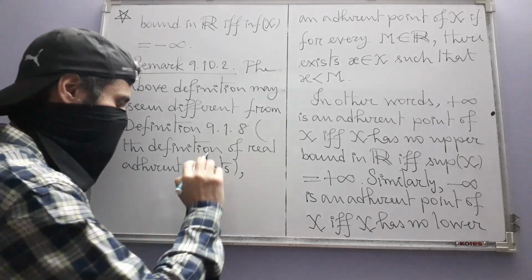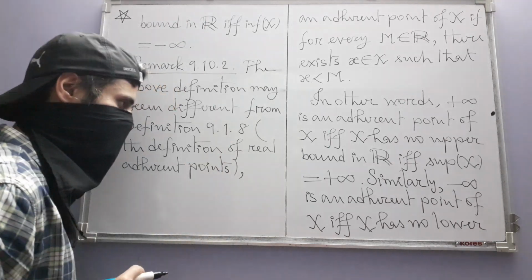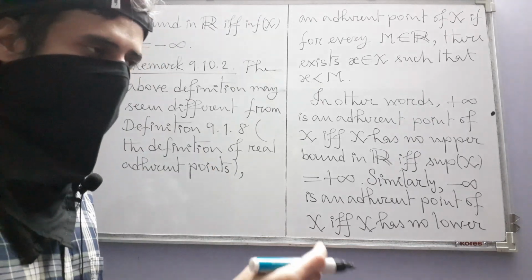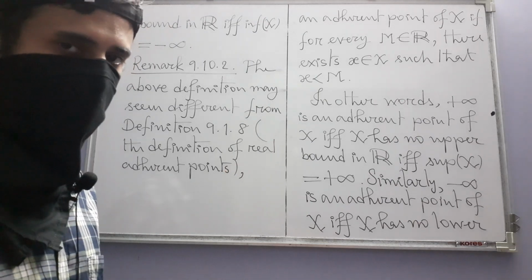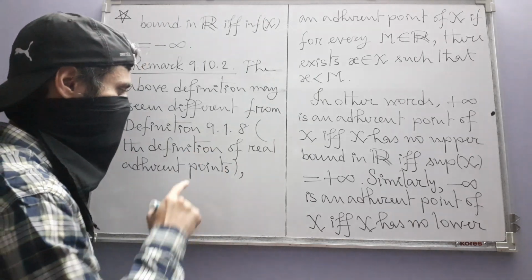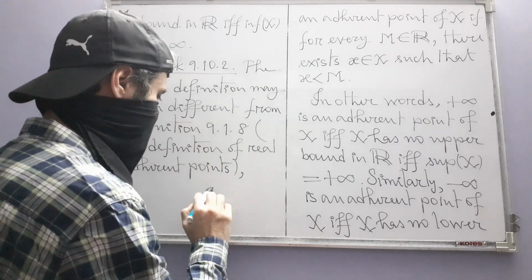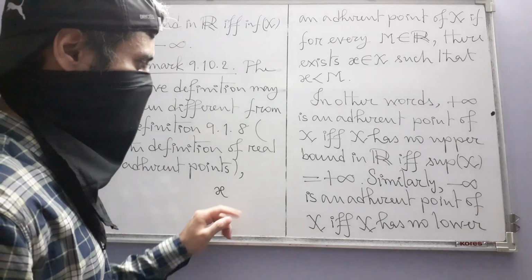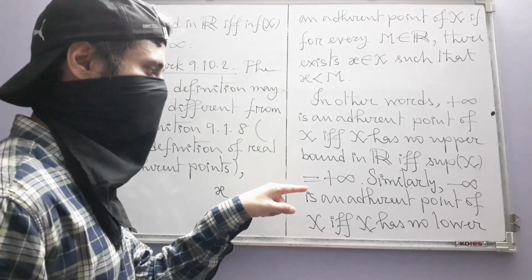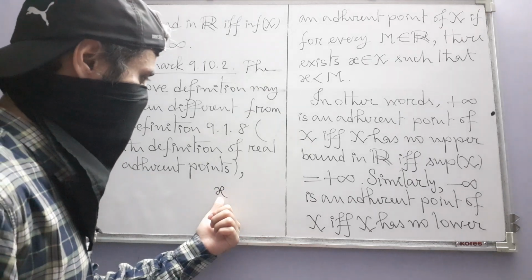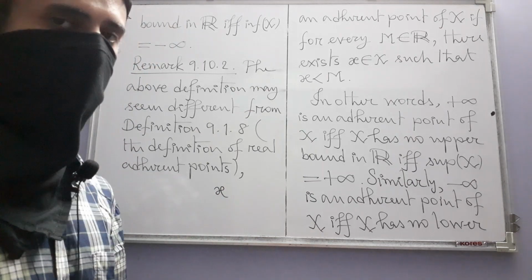Here we have the points which we want to call adherent points as plus or minus infinity, the smallest and largest elements in that extended system respectively, and in the old definition we just have a real number. So the point here is that these new adherent points are also extended real numbers, and actual real numbers are also extended real numbers.